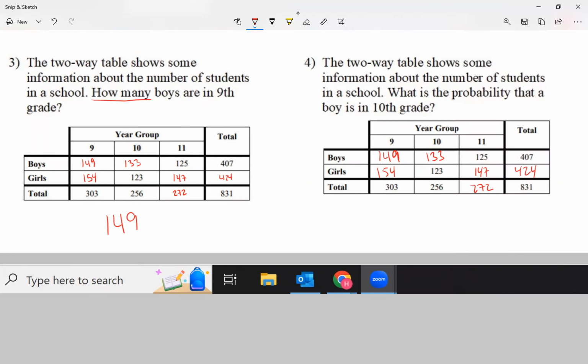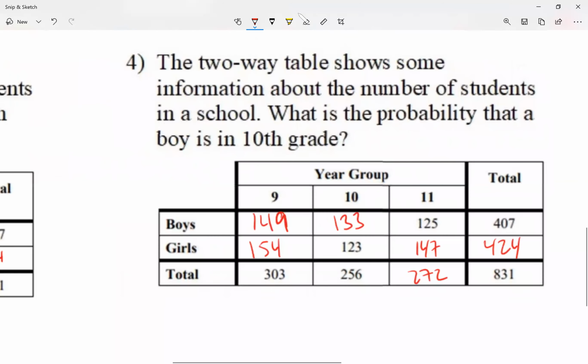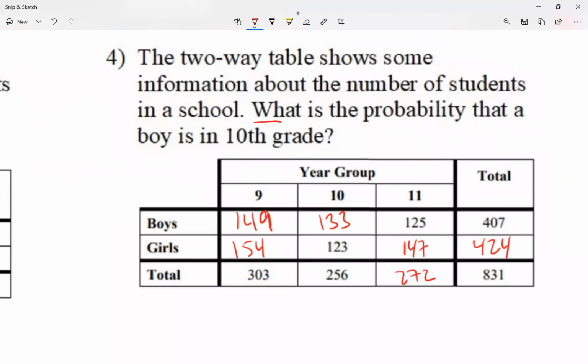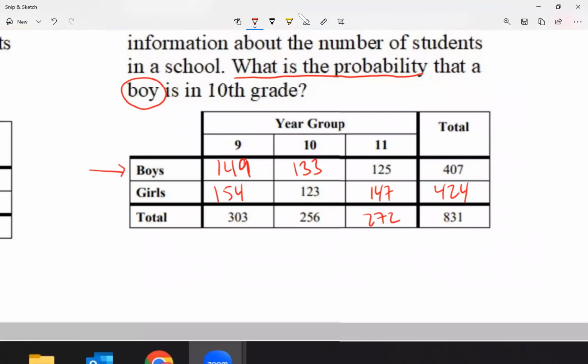So the two-way table shows some information about the number of students in a school. What is the probability? Let me highlight. I expect my answer to be a fraction. What is the probability that a boy, keep in mind I mentioned a boy first, is in 10th grade? So I'm looking at the rows here for boys. First I ask myself, how many boys are in 10th grade?